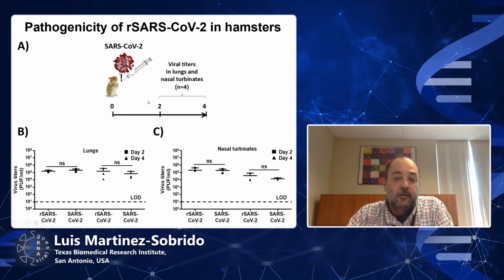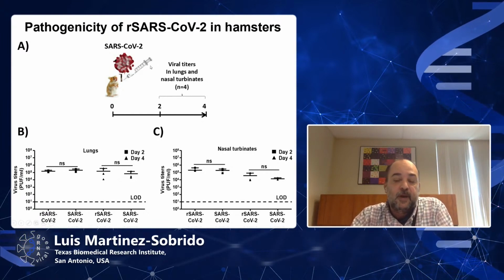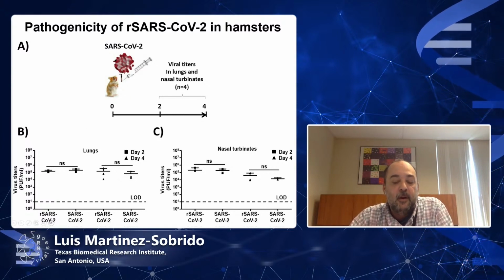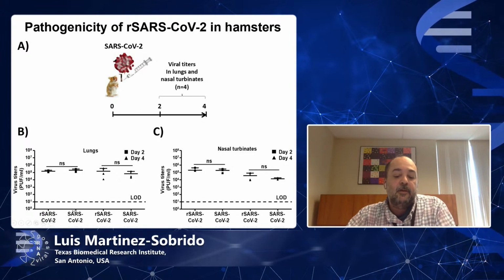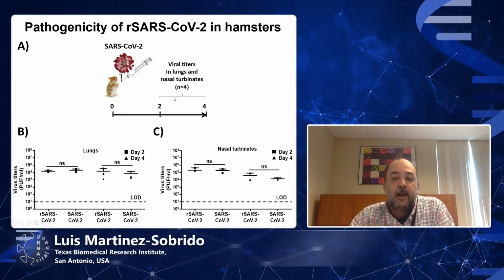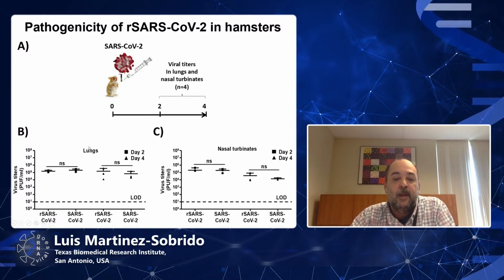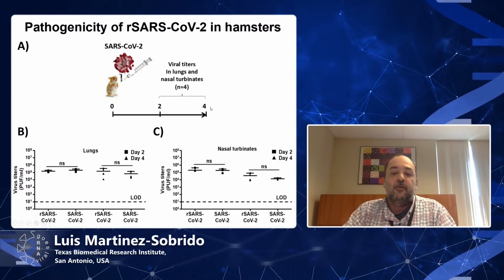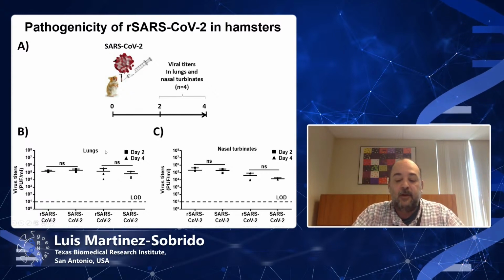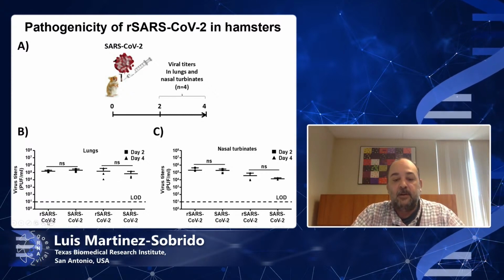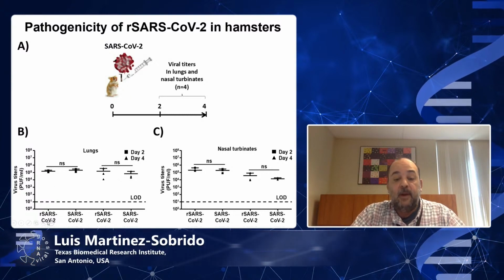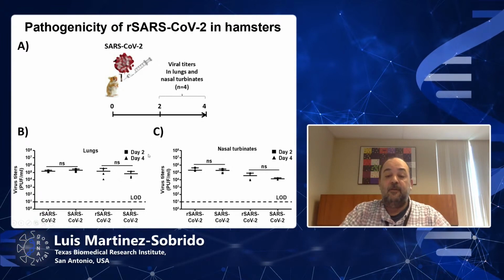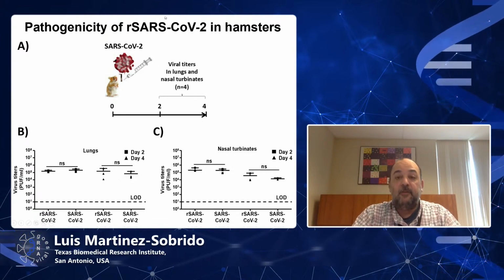Now, in the case of the hamster model, what we did was to infect them with 10 to the 5 PFU of either the recombinant virus that we generated by reverse genetics or the natural isolate, and then evaluate viral replication in the lungs in panel B, or in the nasal turbinates in panel C, at days 2 and 4 post-infection. And as you can see here, our recombinant virus seems to replicate very similarly to the natural isolate, either in the lungs or in nasal turbinates at days 2 and 4 post-infection.